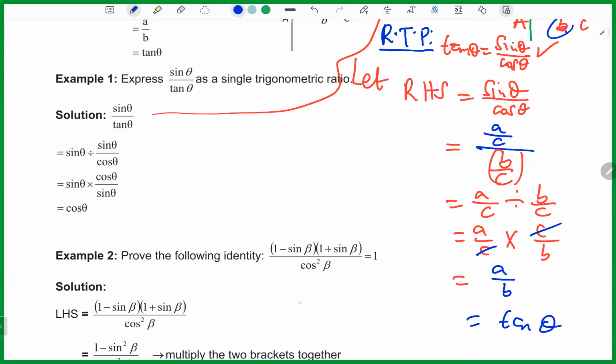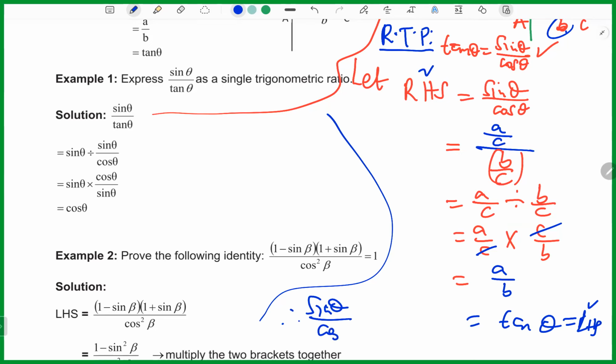So the conclusion is that we have therefore proven that this is equal to the left-hand side. We started with the right, and this equals the left-hand side. So therefore, you have the sine of theta over the cosine of theta, which is the tangent of theta. All right, and this becomes the answer.